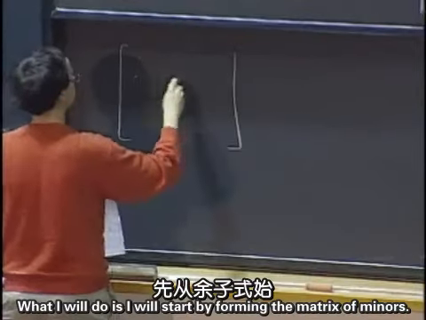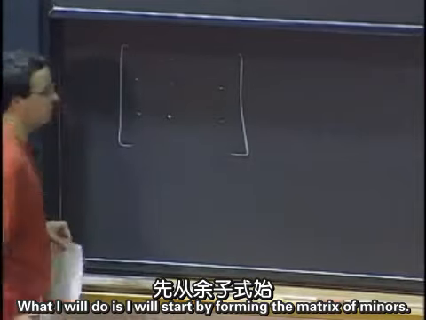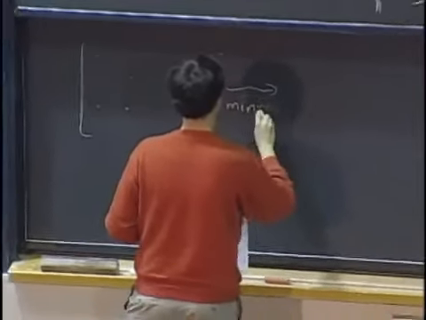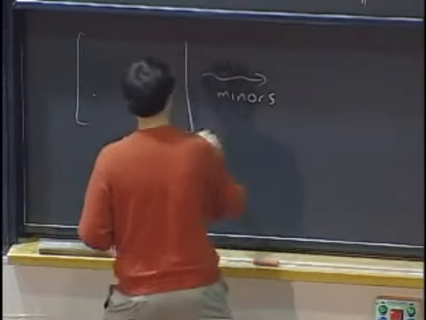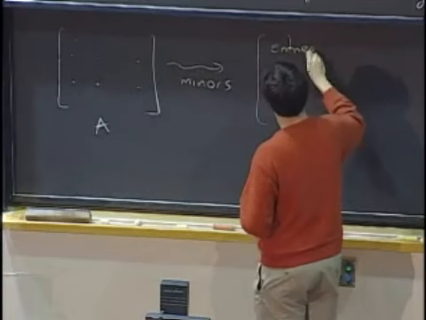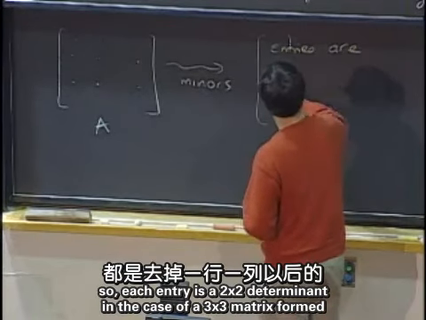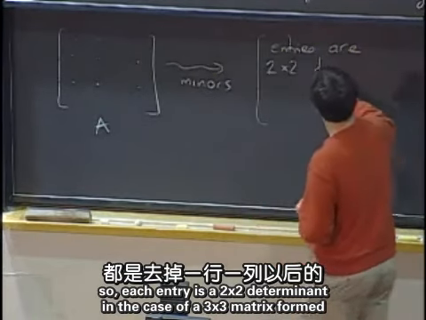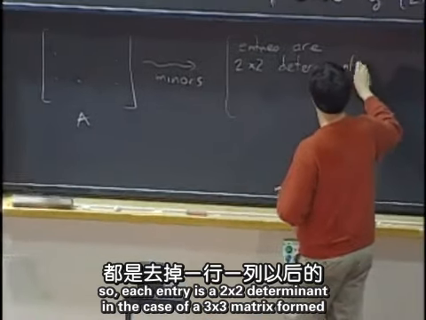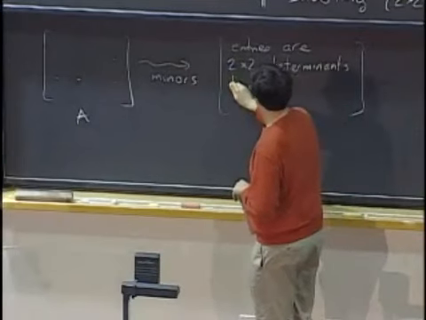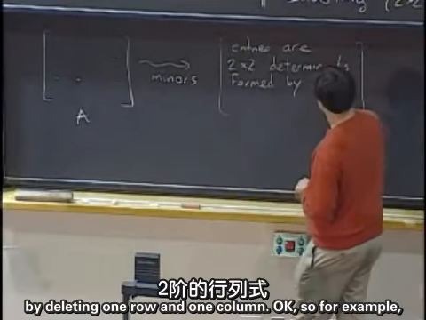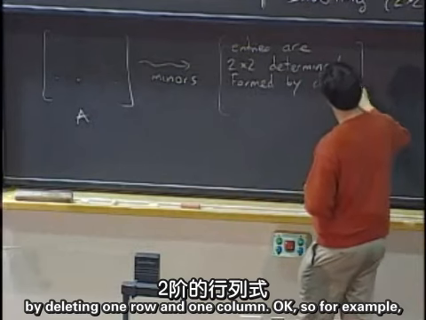What I will do is I will start by forming the matrix of minors. So remember that minors, each entry is a 2 by 2 determinant in the case of a 3 by 3 matrix, formed by deleting one row and one column.